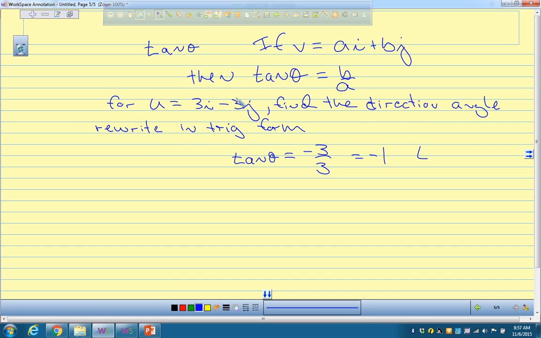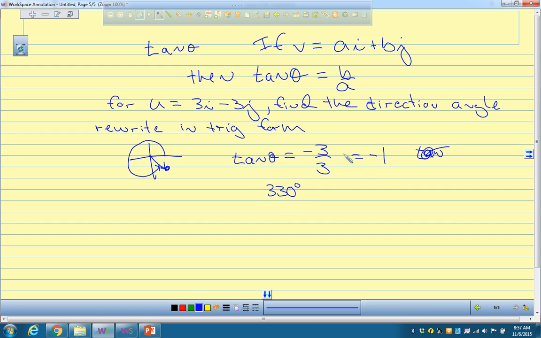Because you have to think about which quadrant you're in. So this says, from this point, I'm going to go over 3 and down 3. Which quadrant am I in? I'm in the fourth quadrant. So it helps to draw a picture. And then I would go around this way, and I would say that angle is what? Inverse tangent. I would get 330 degrees.